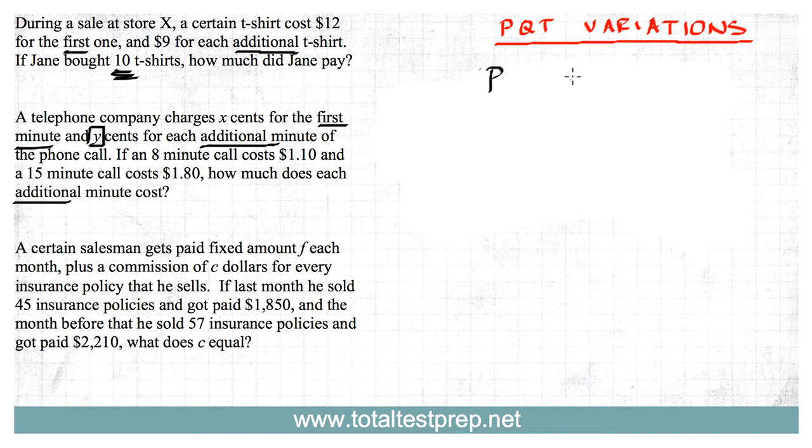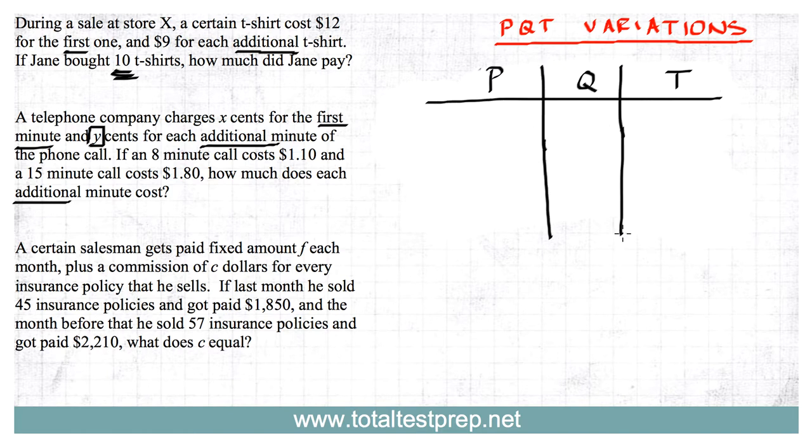To make our table, we have the price, quantity, total table. It's probably a little bit bigger, like so. So the first minute costs X cents. We pay that once, and that's a total of X cents.